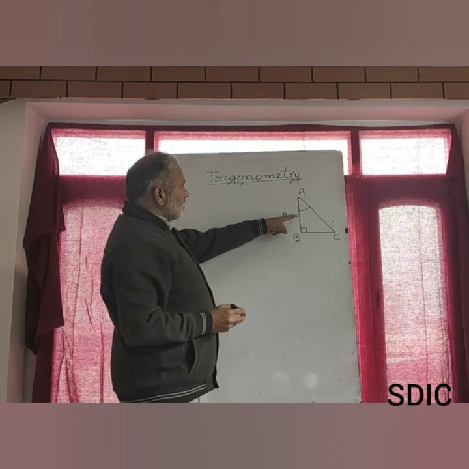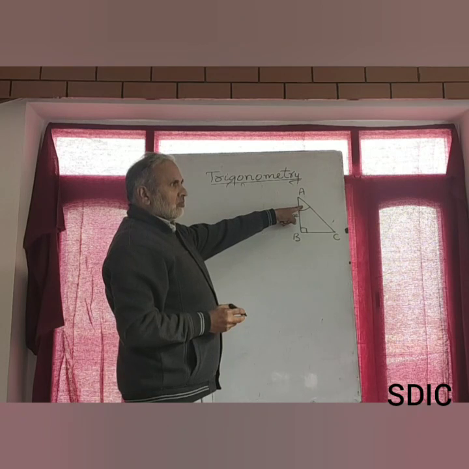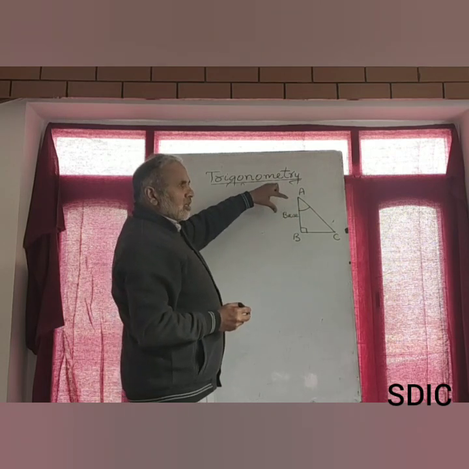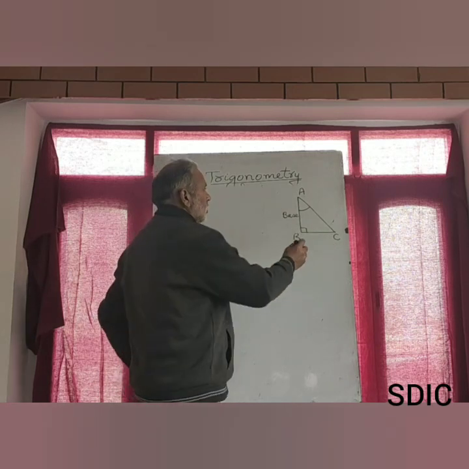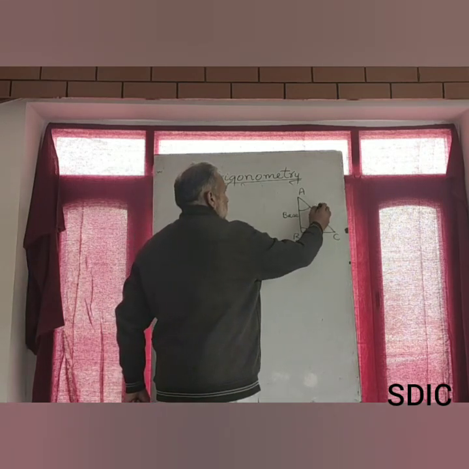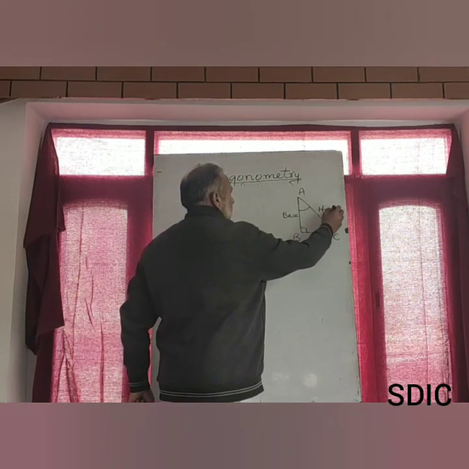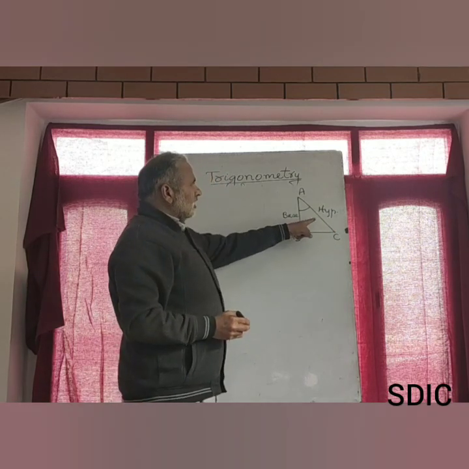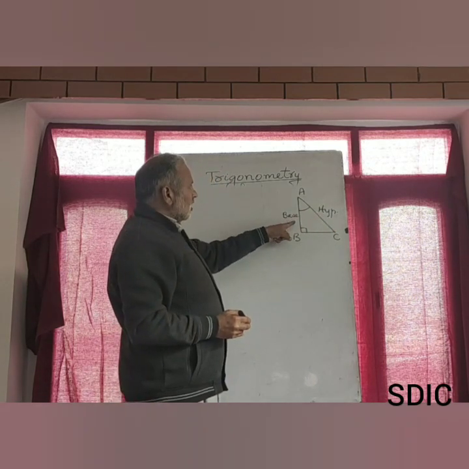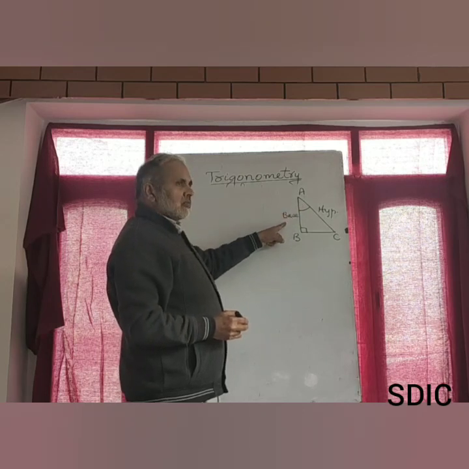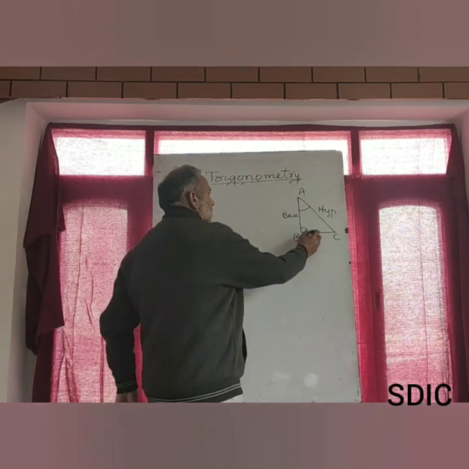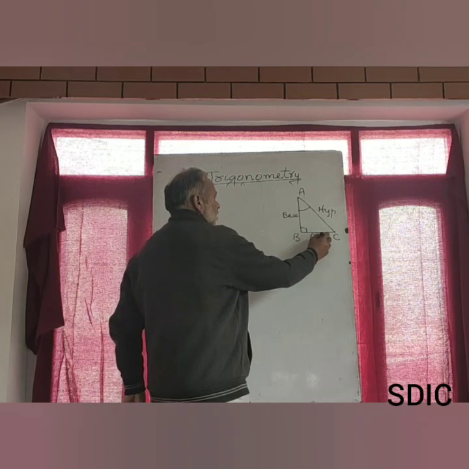It is the adjacent side of the acute angle chosen. Angle A has two arms, AB and AC. Out of these, AC is the hypotenuse, being opposite to the right angle. The second arm of the acute angle that we have chosen is called the base. And the third side, BC, is the perpendicular.